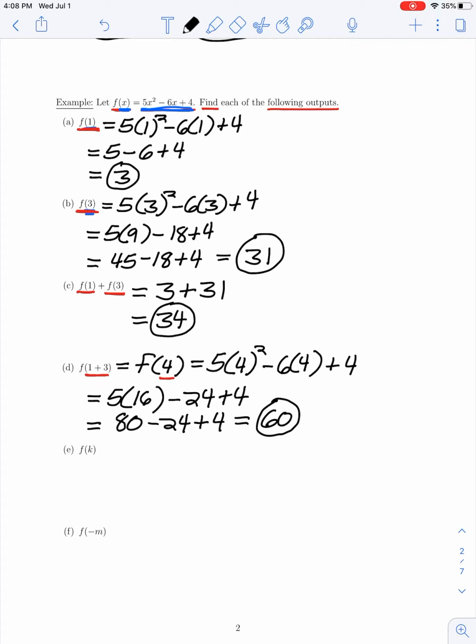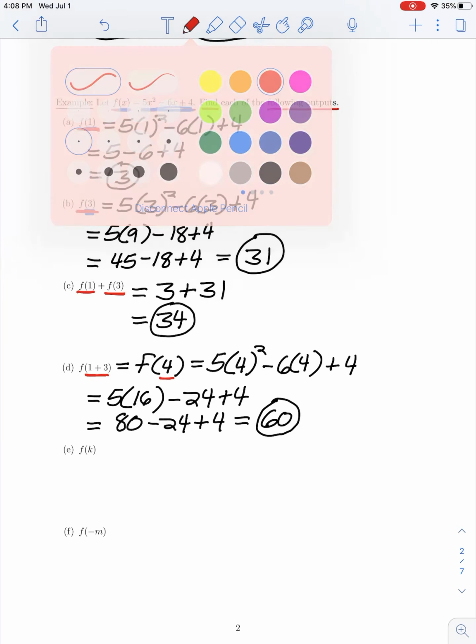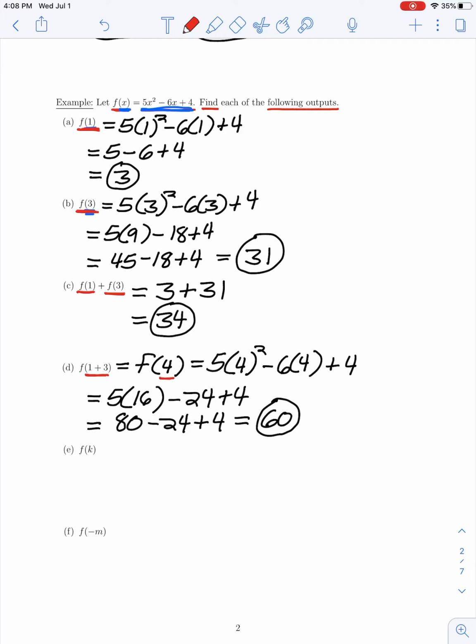Now what we'll sometimes be doing in this course is not plugging in a specific number for the variable x, but maybe plugging in a different variable. So in this next example, part E, we're asked for the value f of k. Now here, f of k means that we're taking the expression for f of x and substituting k in place of x.